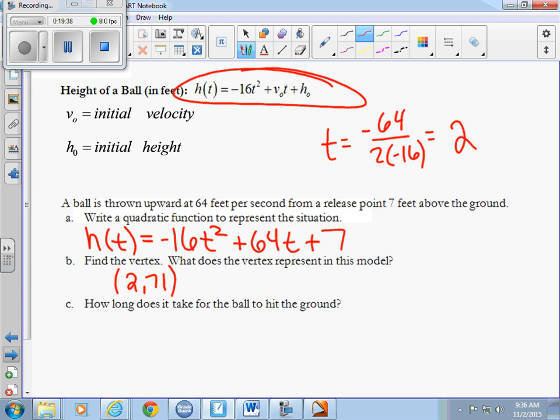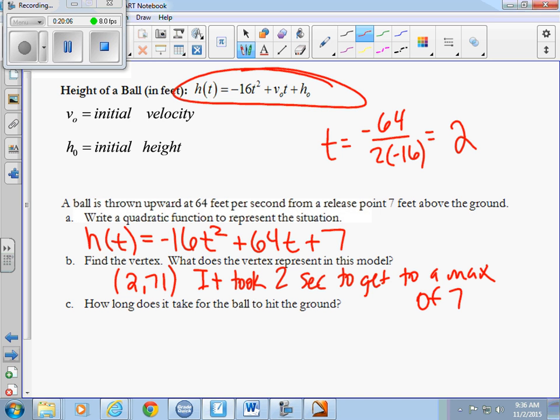It took 2 seconds to get to a maximum height of 71 feet. I would take a lot of different ways to say it, but somehow tell me the x and the y.